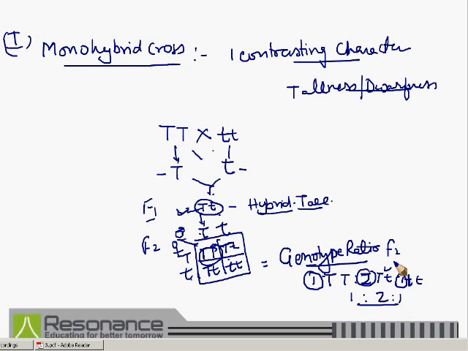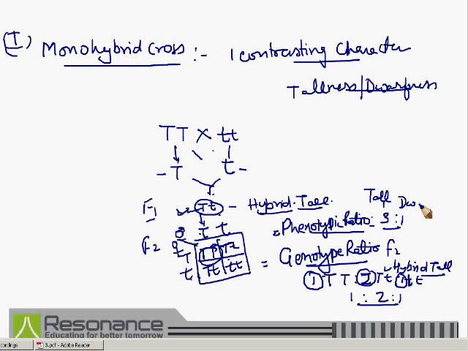But since this is hybrid tall, the phenotypic ratio is mentioned as 3:1, because 3 plants are tall and 1 is dwarf.